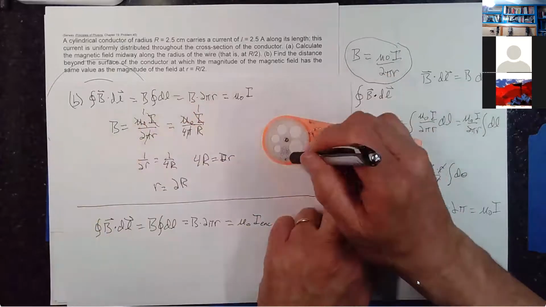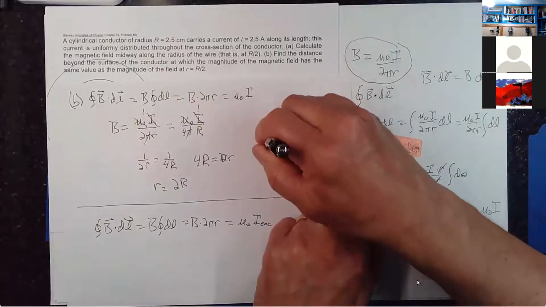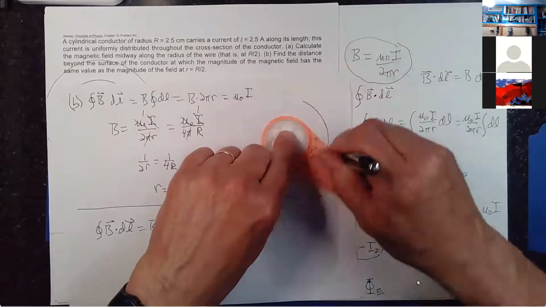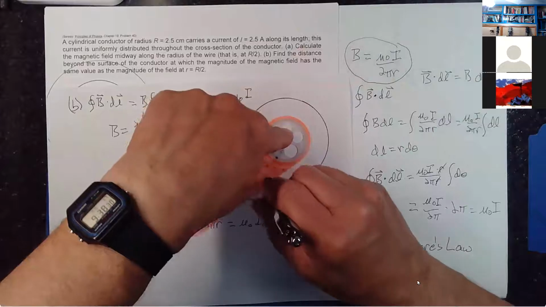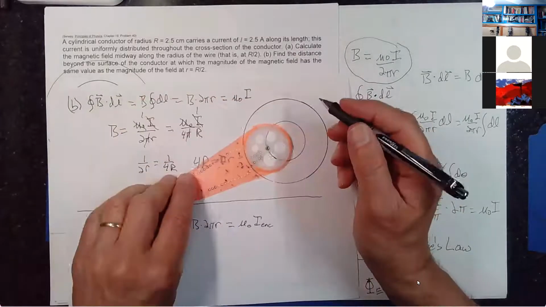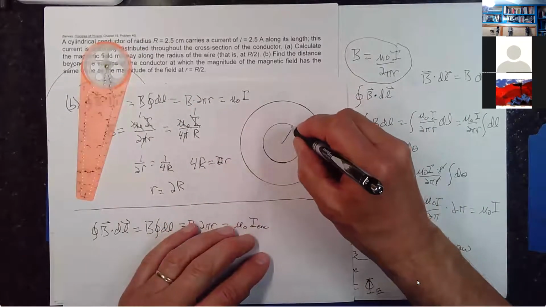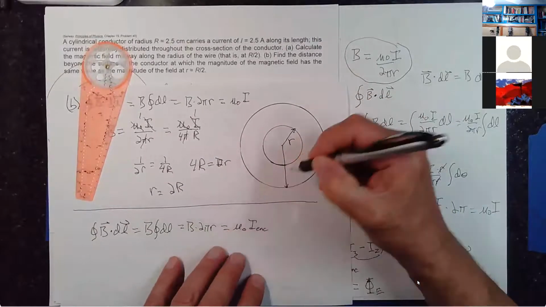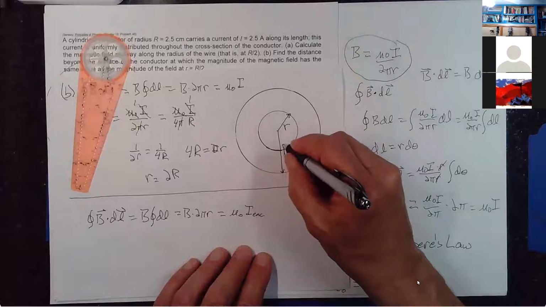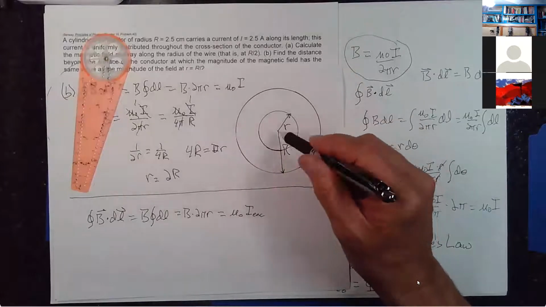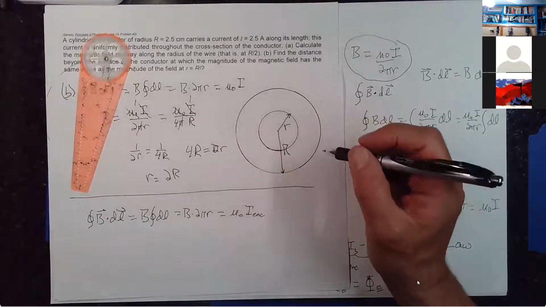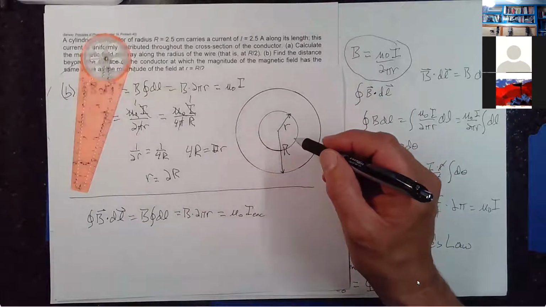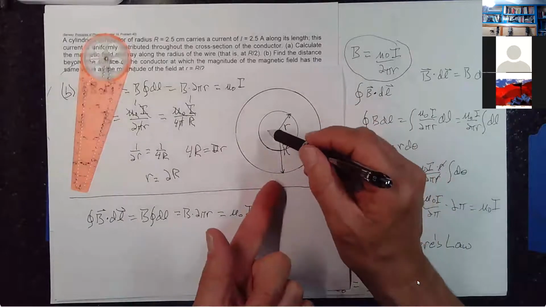So here's some little circle of radius little r, and it's part of and concentric with this long straight wire we have that has a radius capital R. And the current in the wire as a whole would be just capital I, and I want to know how much is enclosed by this thing.